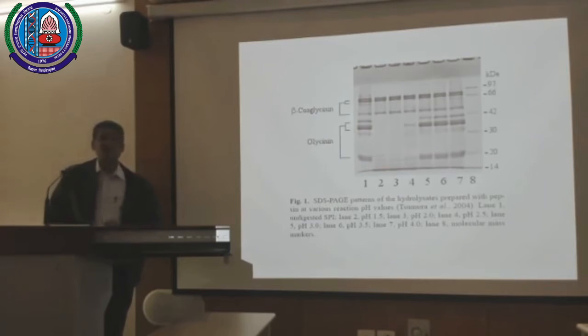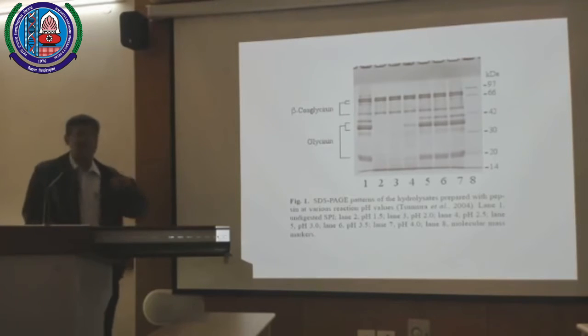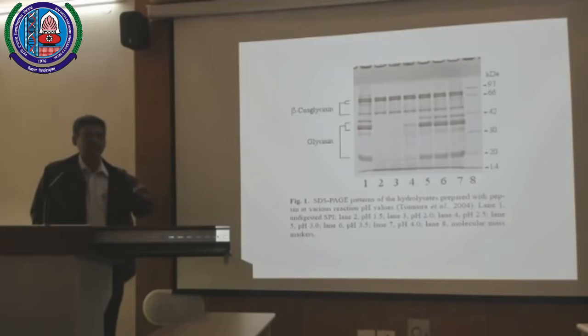So what it means is, when we talk about the effect of pH on the structure, the secondary structure, protein denaturation takes place at extremely acidic pH and at extremely alkaline pH. If you add sodium hydroxide, 1 molar, to a protein, the protein will completely denature. That's a classic example. You add hydrochloric acid to a protein, the protein will denature.